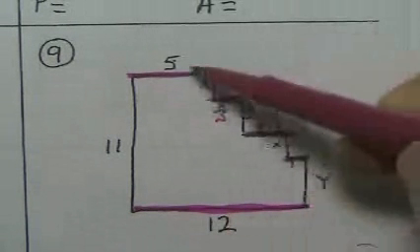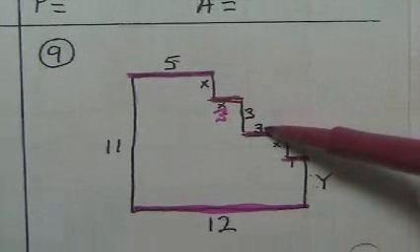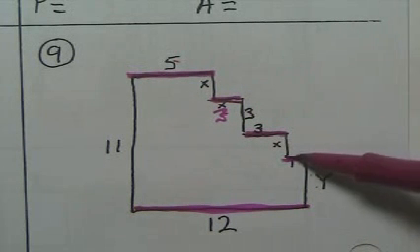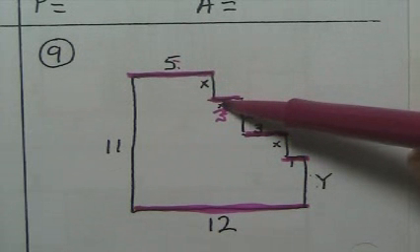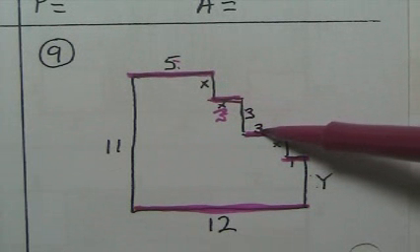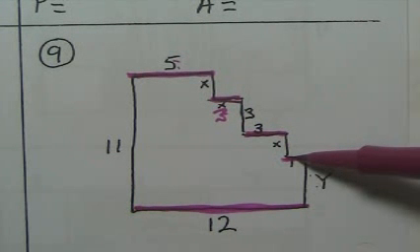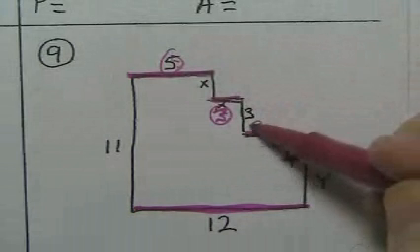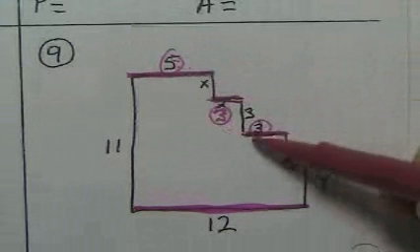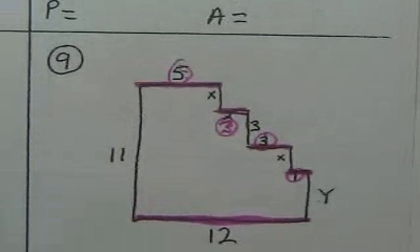That must be 3, because 5 and 3 is 8, and 3 is 9, and 1... Did I just do that correctly? Let's see. 5, 3 is 8, 9, 10, 11, and 1 more makes 12. Yeah, that's right. So this, and this all total out to 12.